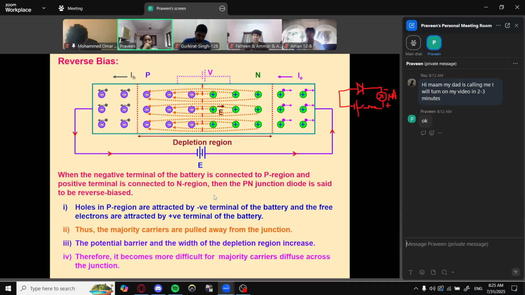Hope you completed. Last point, ma'am. Okay, last one. Make it fast, Gurkarat. The circuit using the symbol also you draw. Both the diagrams you draw.